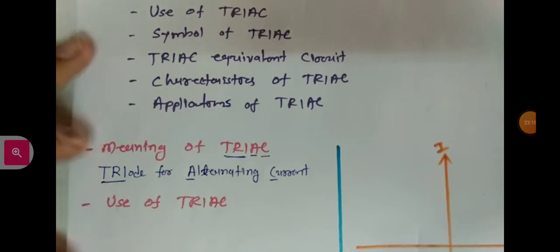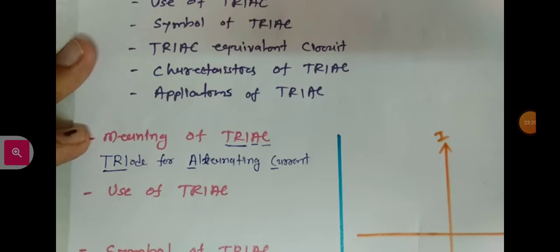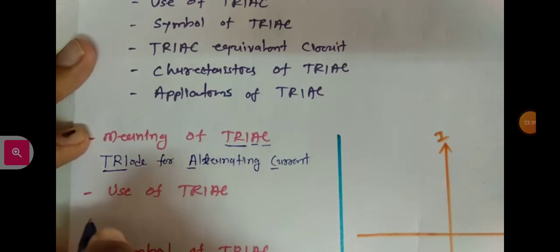And then, what is the use of triac? Unlike an SCR, we can trigger this in both directions. In an SCR, we can trigger only in forward bias, but a triac can trigger in both directions.